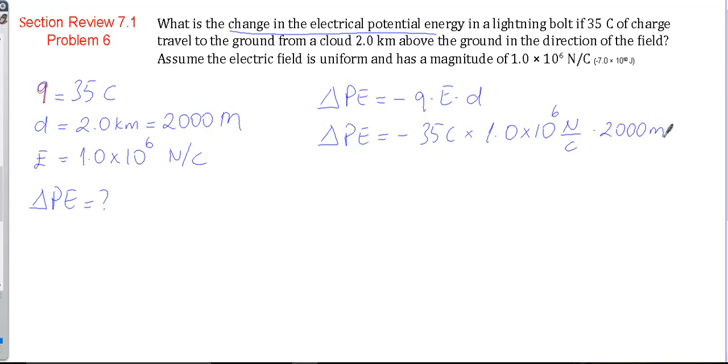As you see, coulomb and coulomb cancelled. Newton meter will be joule. So delta potential energy is equal to minus 7.0 10 to the power of 10 joule.